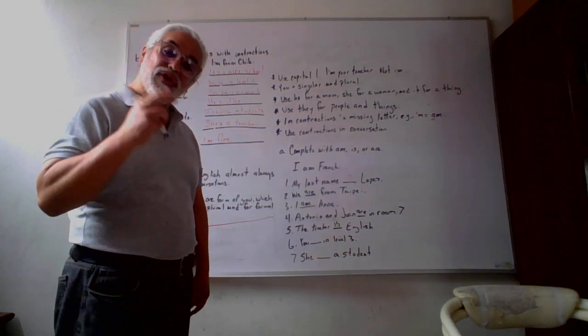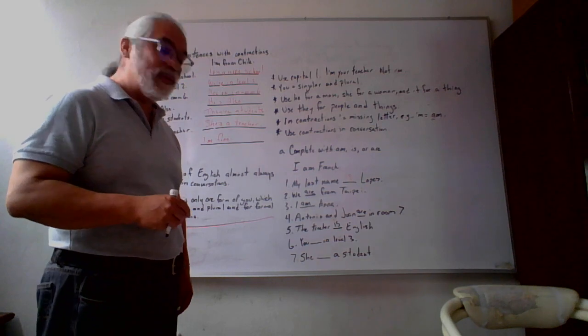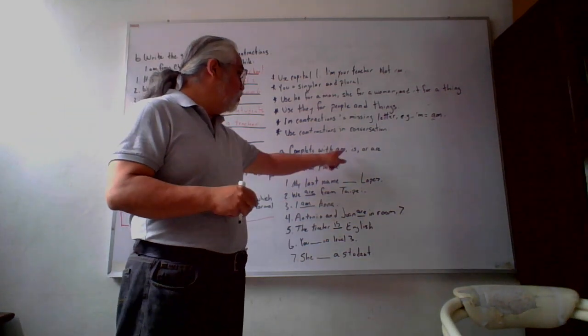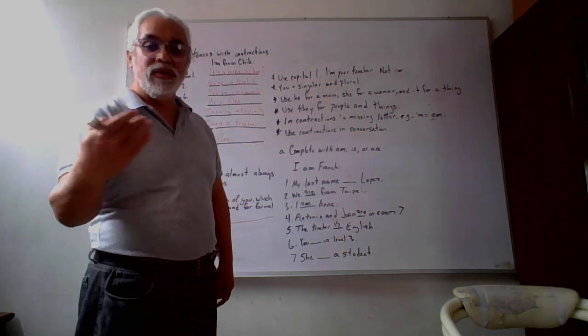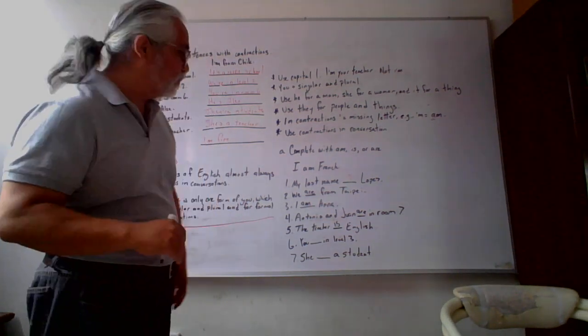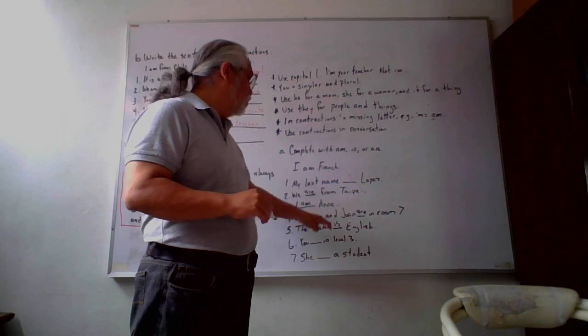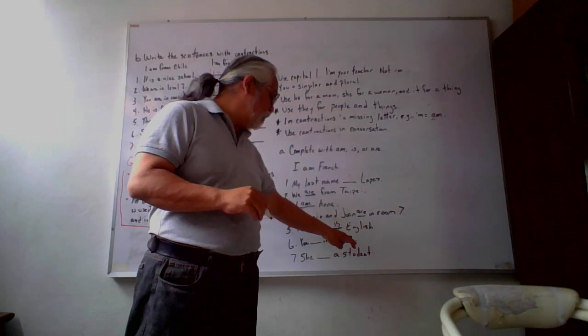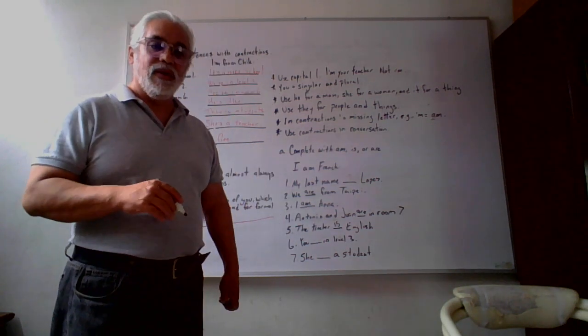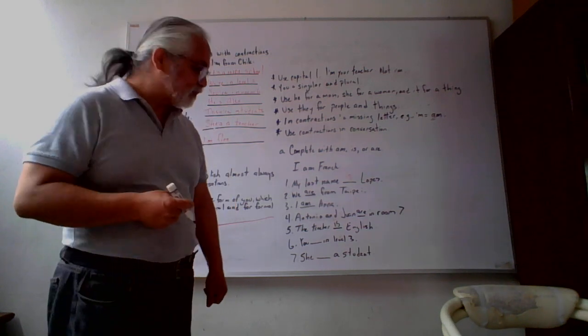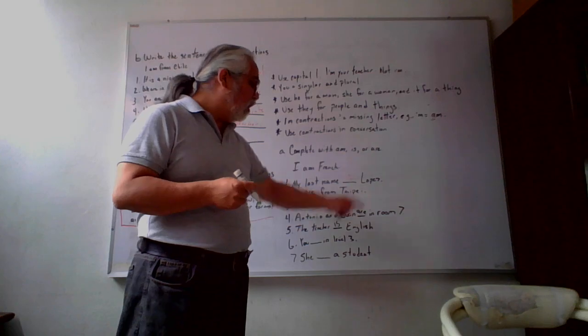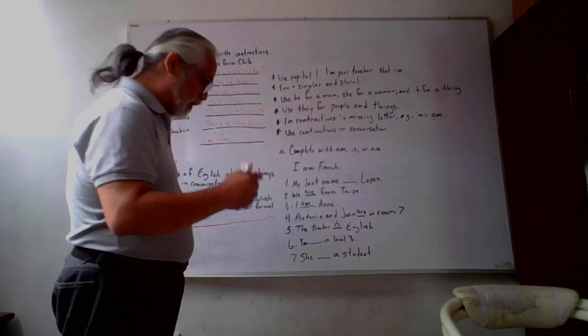Let's do the 3 checks and see which one sounds better. You am in level 3. Well, no, plus am we only use with I, so no. You is in level 3. Well, that would work, but it just doesn't sound right, does it? You are in level 3.